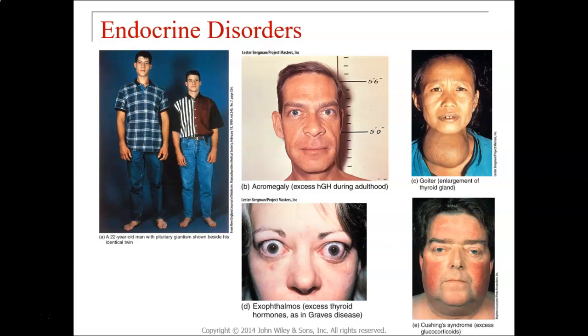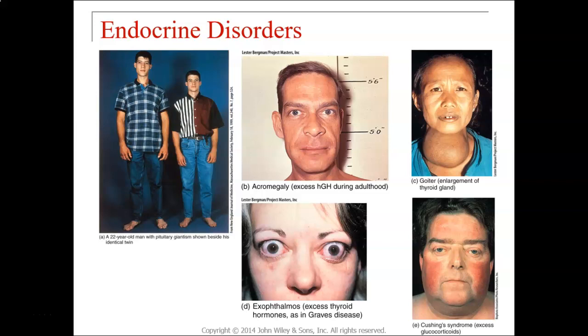Cushing's, see the bottom right, has this moon face. He's just kind of round. It literally almost looks round like a moon. Also something they call a buffalo hump, this very large hump, almost like, not to poke fun, a Quasimodo-ish hump, where there's accumulation of adipose tissue.